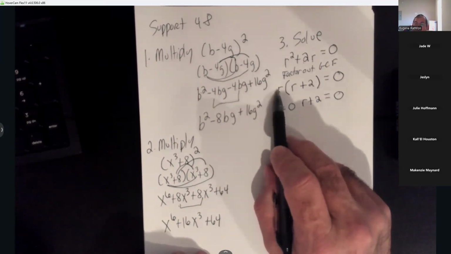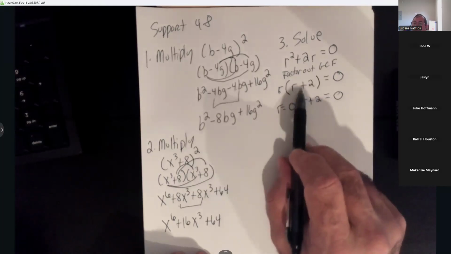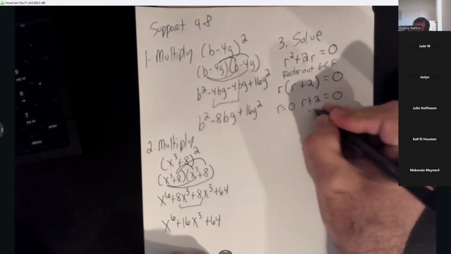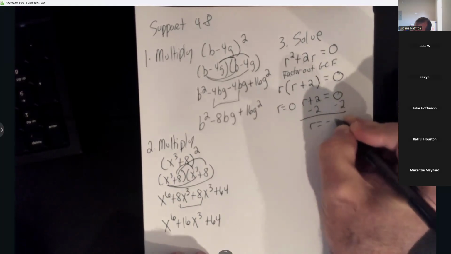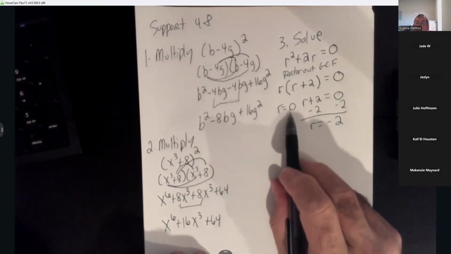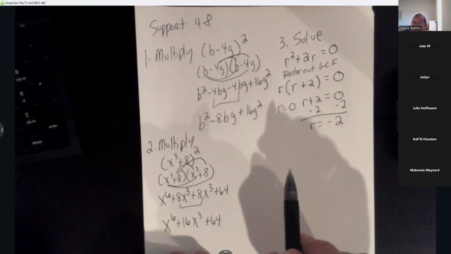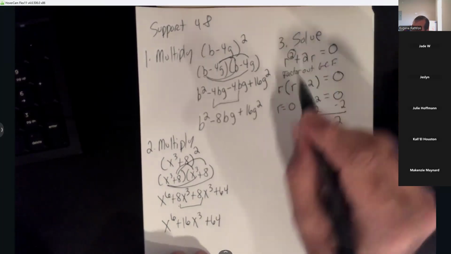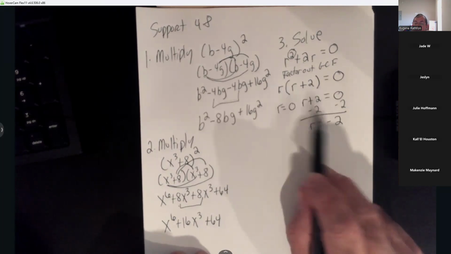No matter what you factor out, if it's the variable, it's going to equal 0. And then this one, r plus 2 equals 0. I would subtract 2, and I get r equals a negative 2. So 0 and negative 2 would be my two answers. And y'all remember, like I said, the highest exponent being a 2, that's how many answers you got to get, okay?